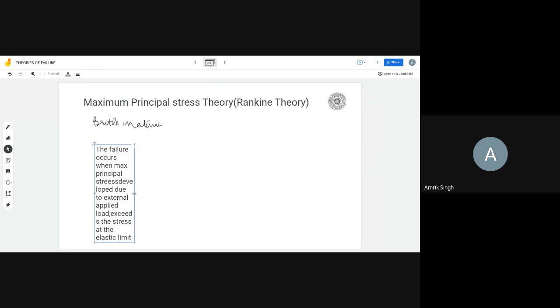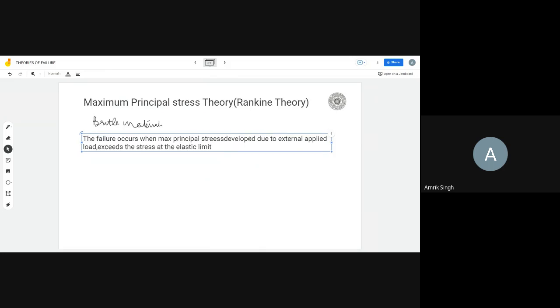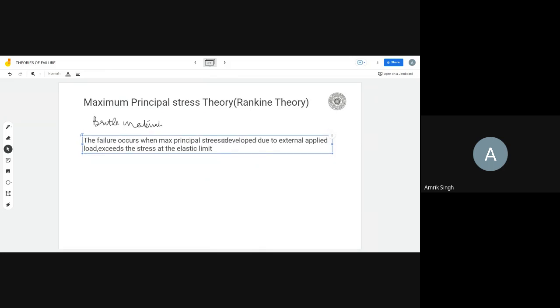So this is a statement of the theory: the failure occurs when the maximum principal stress developed due to the external applied load exceeds the stress at the elastic limit.